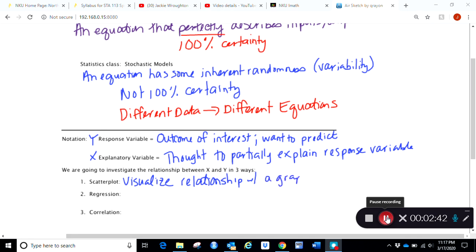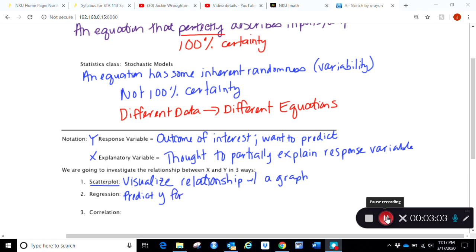Just as we had appropriate plots for a categorical variable and a quantitative variable, if we have two quantitative variables, the kind of graph we're going to do is called a scatter plot.